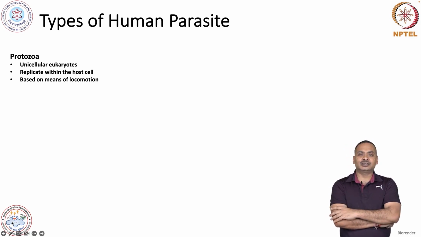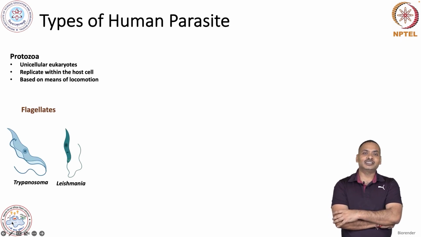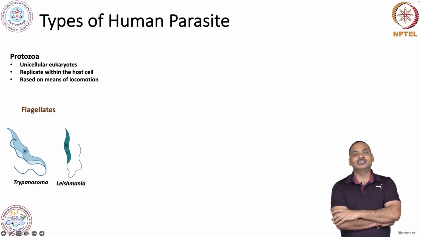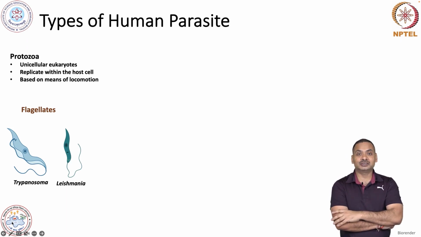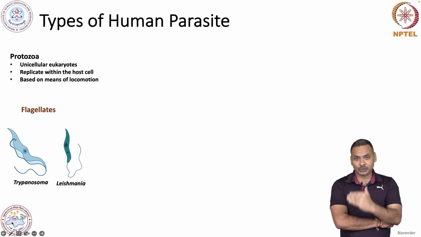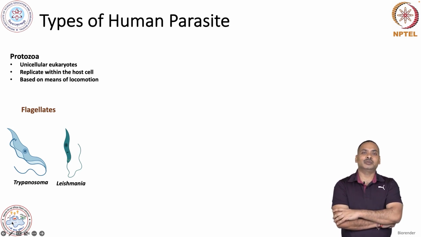These parasites are categorized into four major groups. The first is flagellates. Here you can see that these flagellates have a flagellum, which is used for the locomotion, for movement of these parasites.